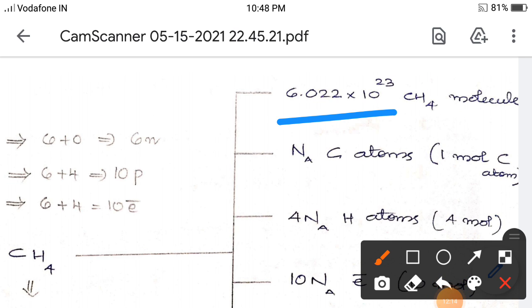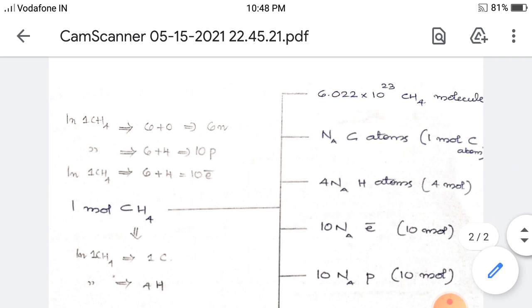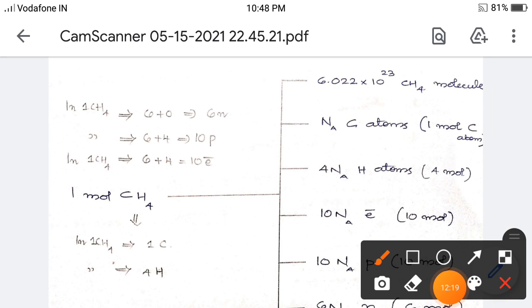Here I am explaining the concept. You have to concentrate on each and everything, because these are the most important concepts. Many questions are asked from this concept in the NEET examination, so you have to listen carefully.